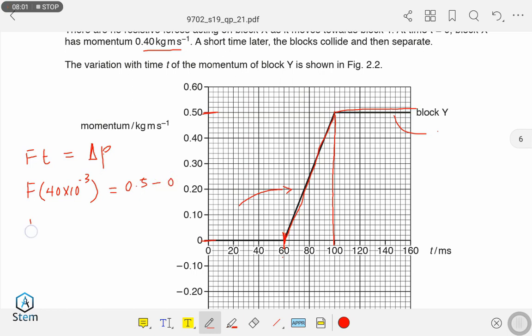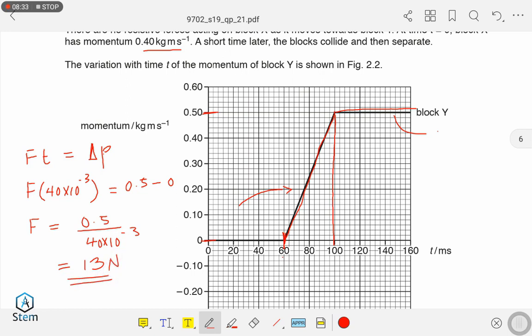Therefore, our F would be equal to 0.5 divided by 40 times 10 to the power minus 3. If we substitute these values, we will get 13 newtons, rounded off.